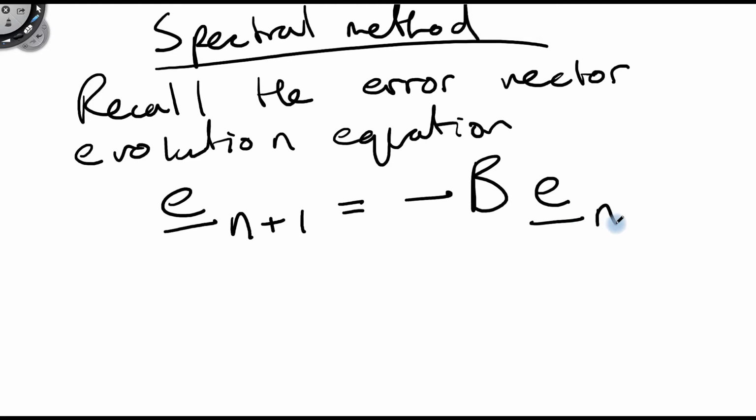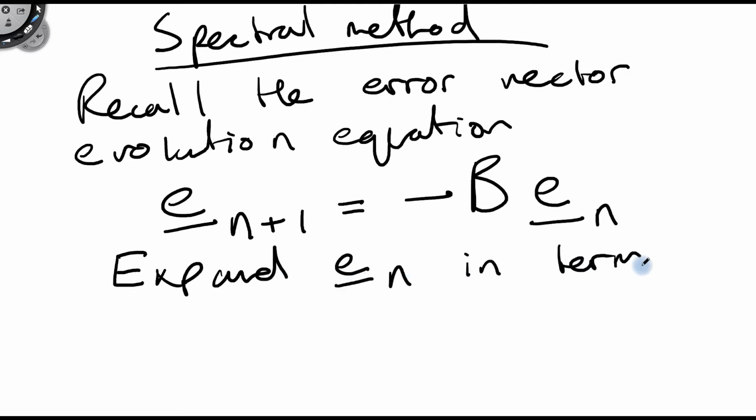We used that equation in our proof by taking the norms, putting the vertical bars either side and taking the norm of the error. What we're going to do instead is expand, or split up if you like, the e^n in terms of its eigenvectors.